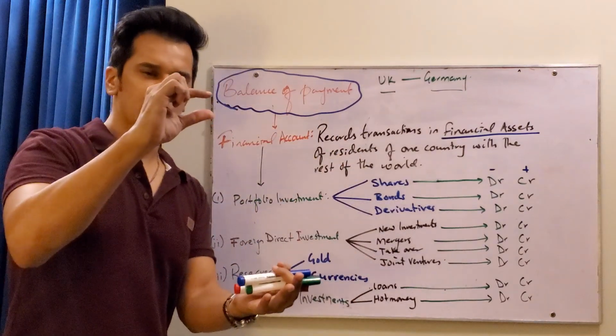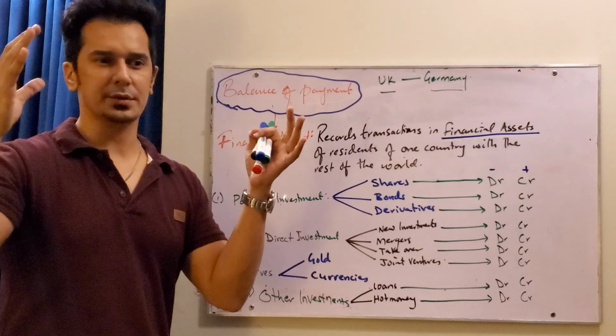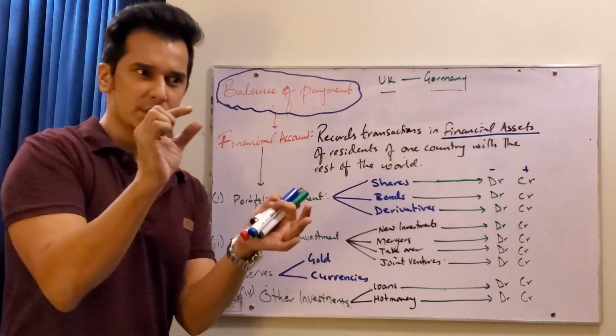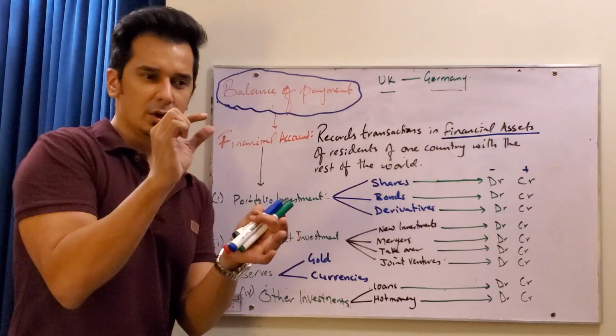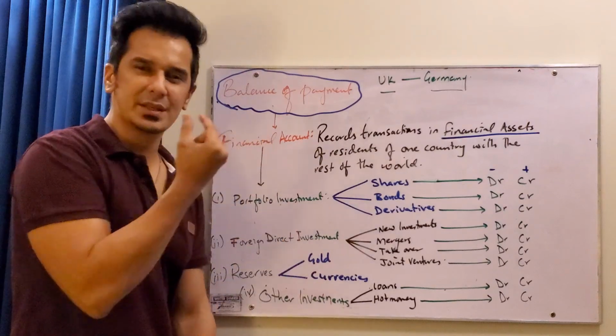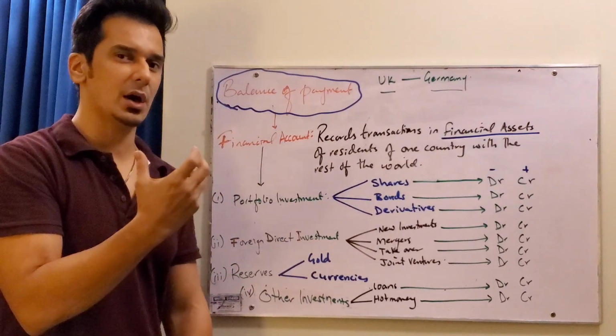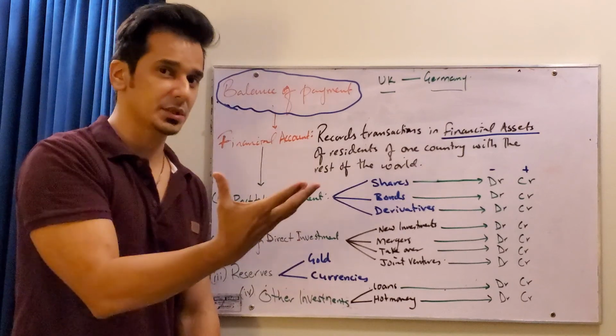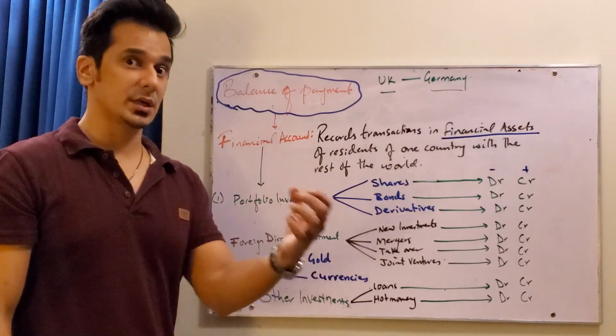For example, suppose the company is worth $100, and the portfolio investment is considered to be less than 10%, because this does not allow the foreign investor to exercise control in that firm.